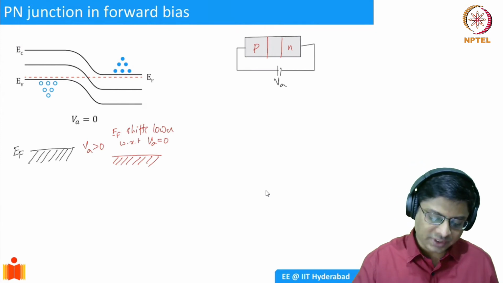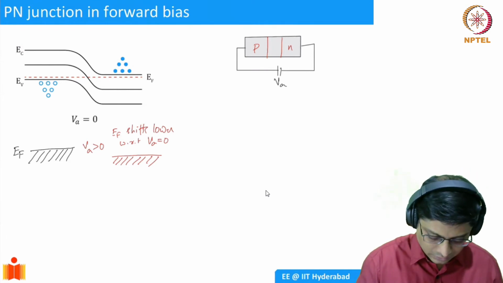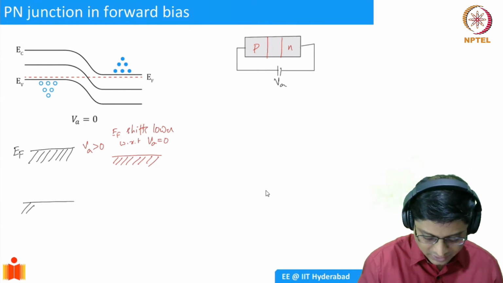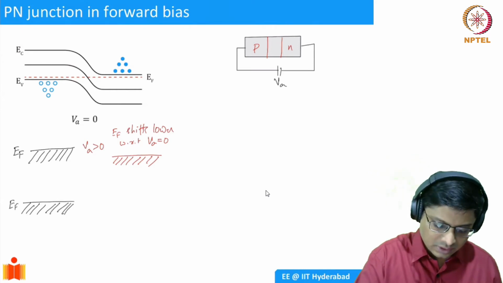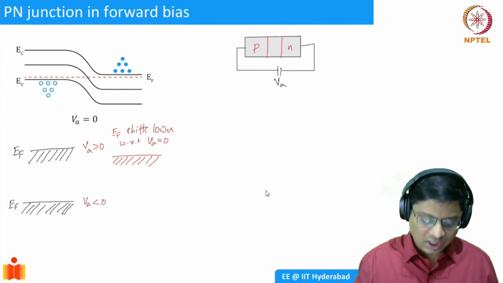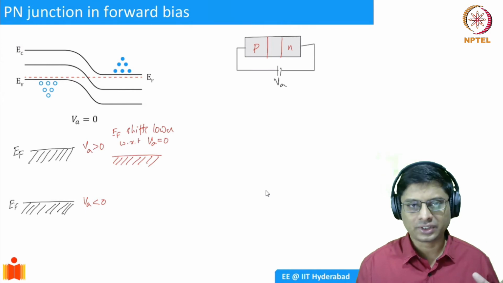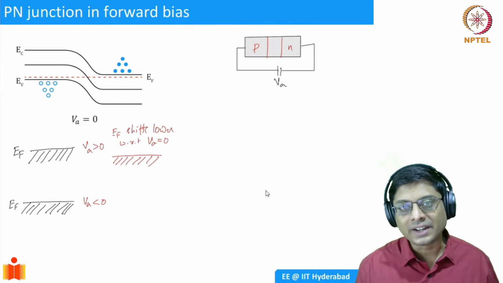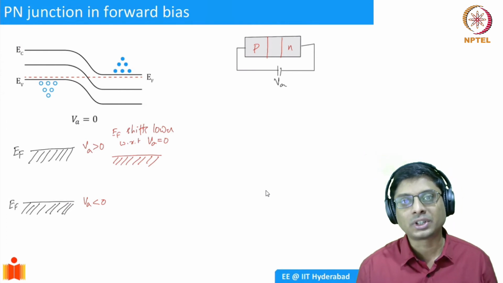What happens in the opposite scenario, when there is a negative voltage? If you have a negative voltage, let's say you have the energy originally like this, EF is here. Now we'll apply a negative voltage, VA less than 0. How would the Fermi level move? Now in this case, we are actually having negative potential, right? So you are essentially adding more electrons into the tank, or more water into the tank.